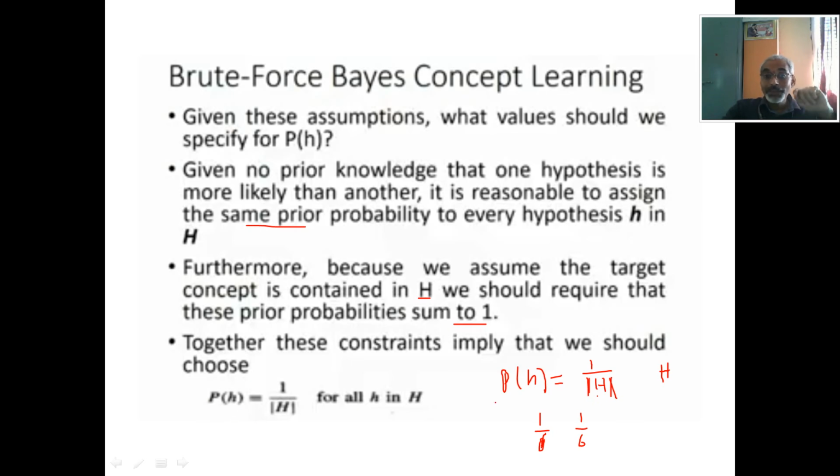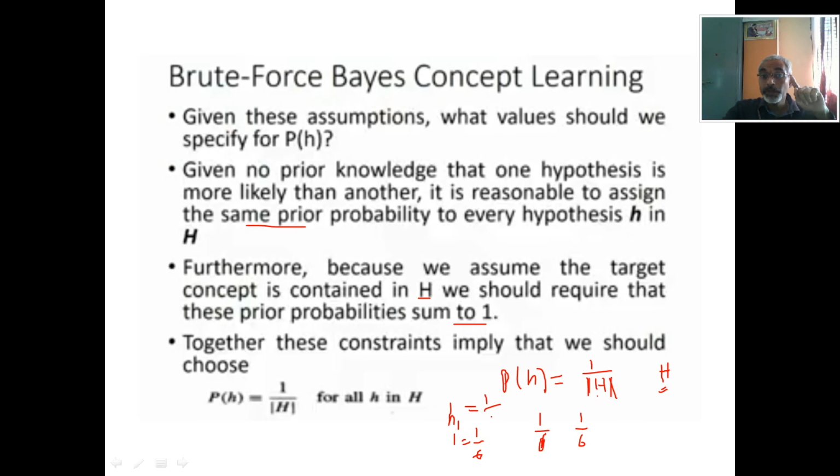Now this becomes our probability of H. So what is the probability of H1? Suppose this is one hypothesis contained in capital H. What is the probability of getting this H1? It is equal to 1 divided by, go back to rolling a dice. What is the probability of getting number 1? 1 divided by 6, because there are only 6 outcomes.